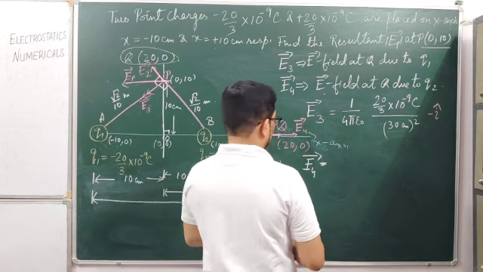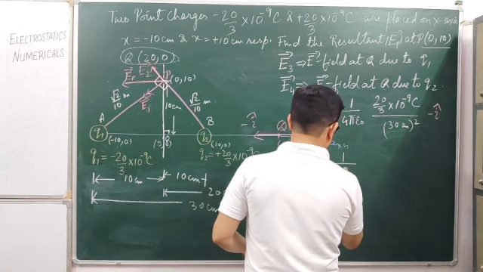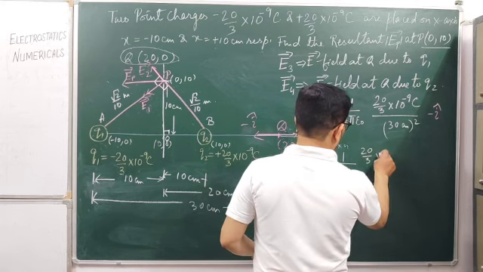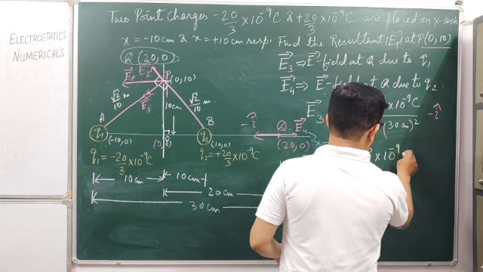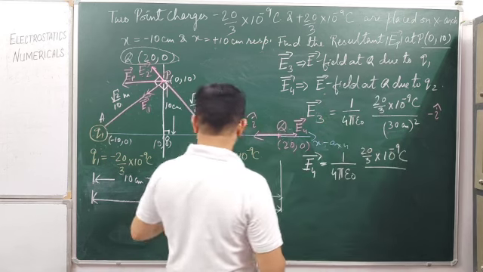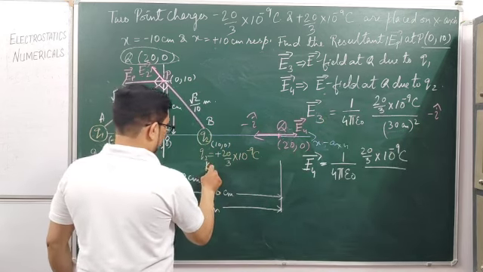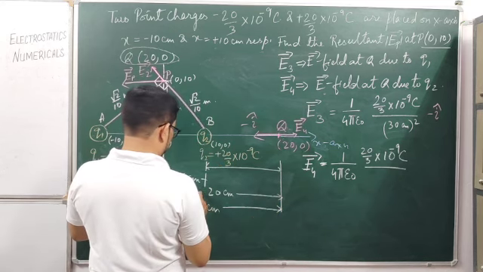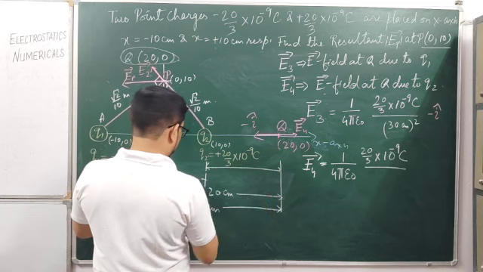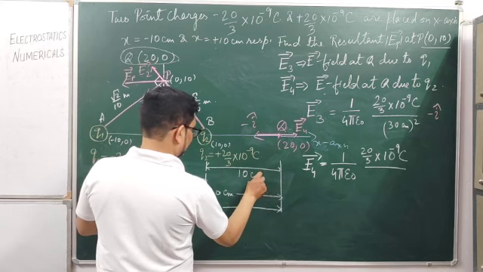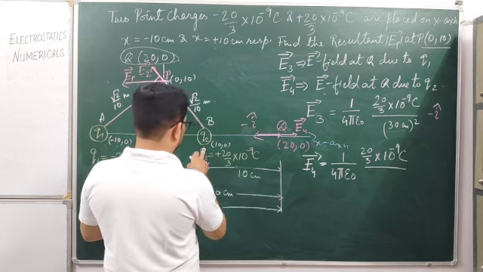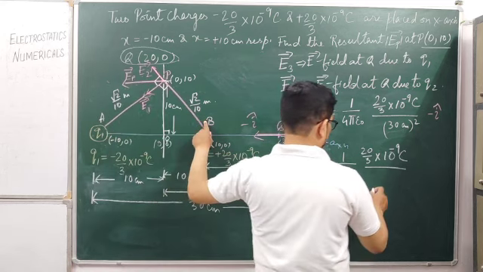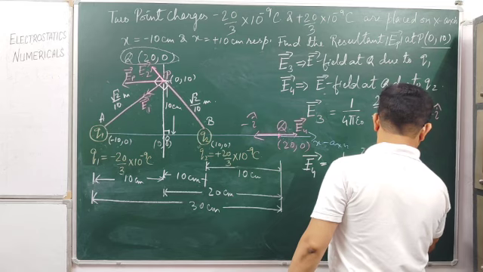The magnitude is 1 over 4 pi epsilon naught, 20 over 3 times 10 raised to the power minus 9 Coulomb, divided by the distance. From here to here it is 20, here to here it is 10, so 20 minus 10 comes out to be again 10 centimeter. So the distance between Q2, the position B, and Q is 10 centimeter, whole squared.